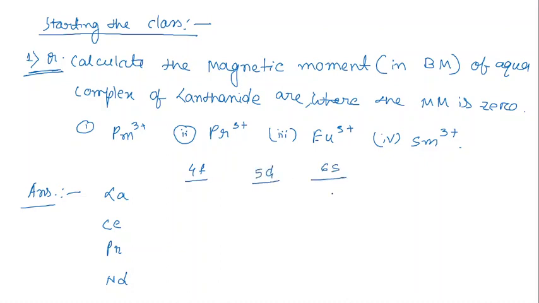In all cases, 2 electrons are in the s orbital, and for lanthanum, 1 in d.